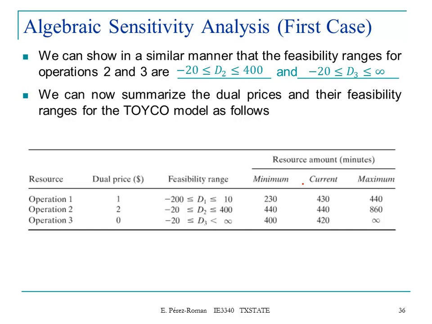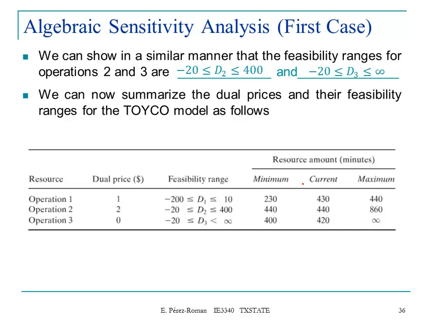And we can summarize the dual prices and their feasibility range for the cycle model as follows. So we're going to have the dual prices, right? You're looking at the operations. One more time, you're looking at the sensitivity of adding extra capacity to your process. So how would that affect your optimal solution?